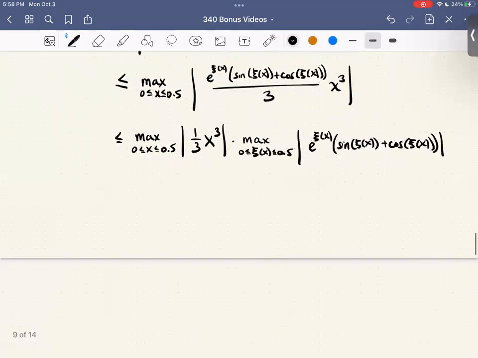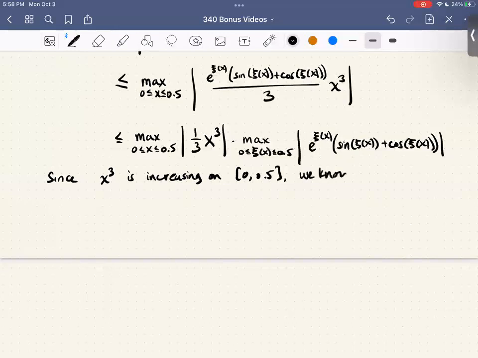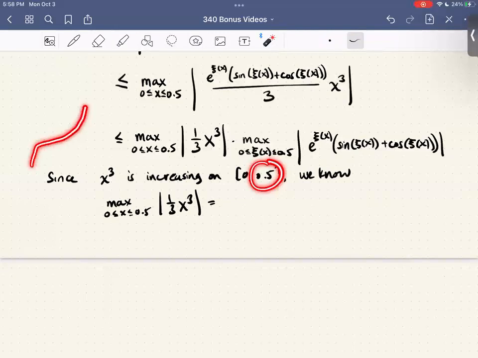So, like I said, since x cubed is increasing on the interval 0 to 0.5, we know that the max of 1/3 x cubed on this interval occurs when x equals the endpoint. This function looks like this. Here's x, here's y.